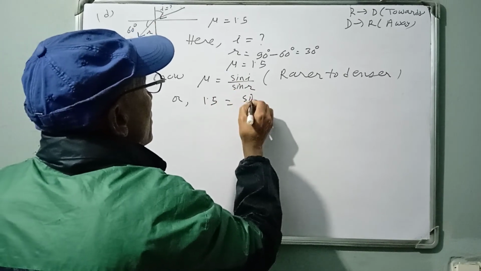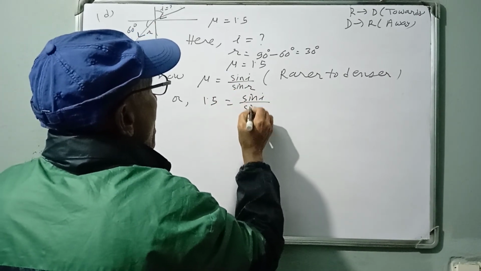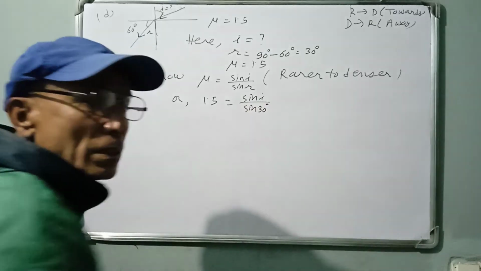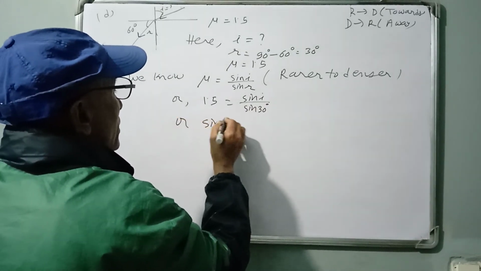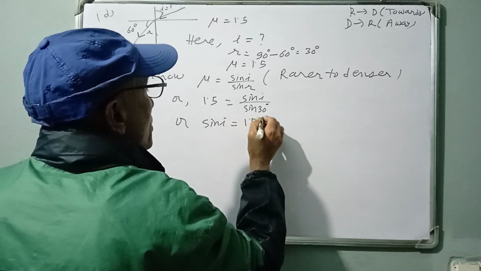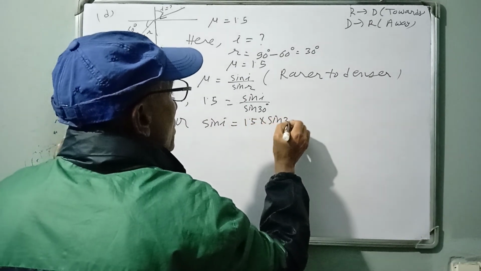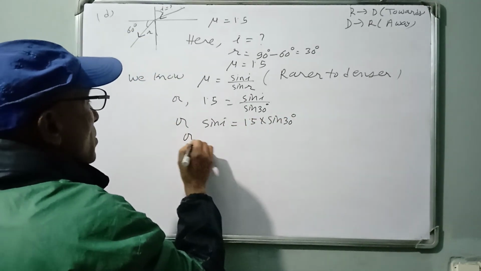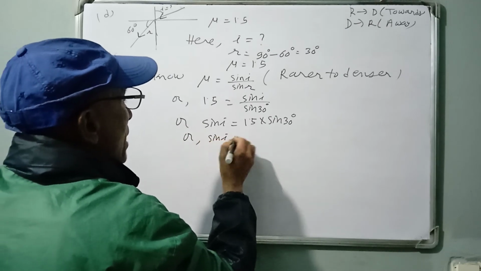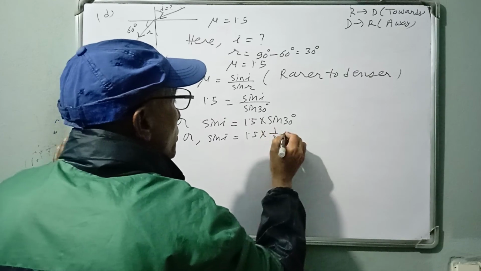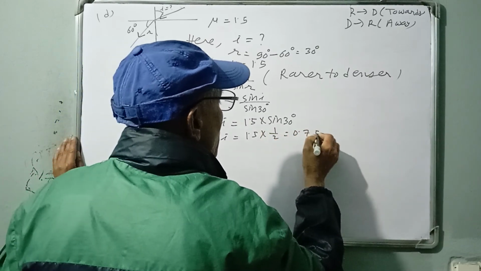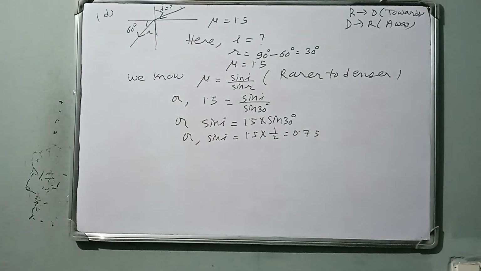Sine R is 30 degree, so sine I equals 1.5 into sine 30 degree, or sine I equals 1.5 into 1 by 2, which means 0.75.